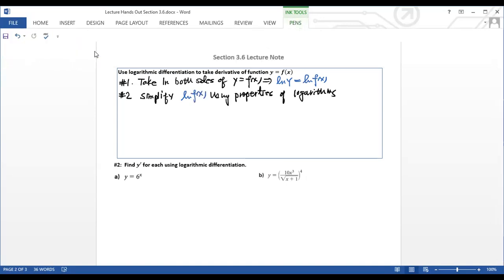And then let's take a look at step number 3 here. I want to differentiate both sides implicitly.